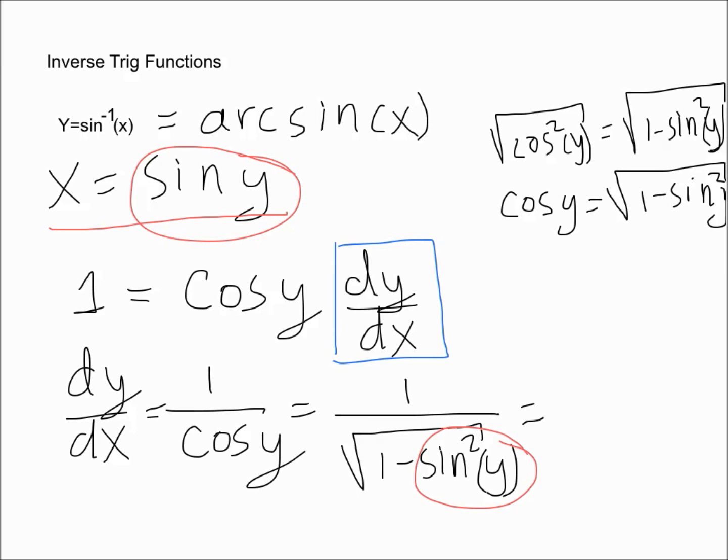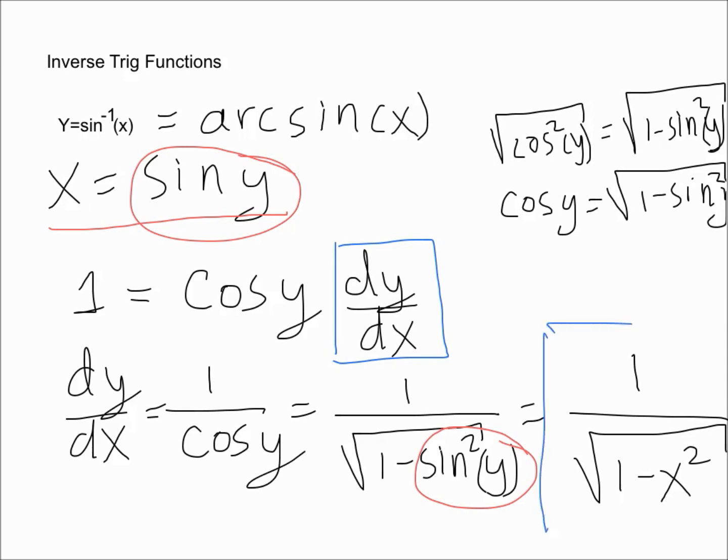So to simplify our derivative, we could put in the x into where the sine is written. We will get that 1 over the square root of 1 minus x squared is the final result, in which x, of course, is our function f(x) that goes right here, so which goes inside the arc sine. The same steps can be done with the inverse cosine, and I'll do that next.